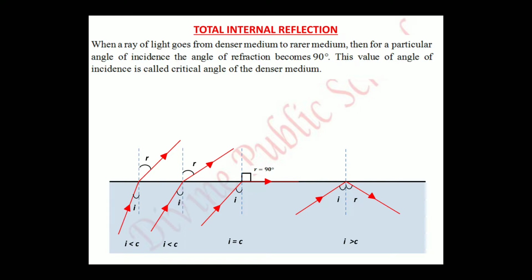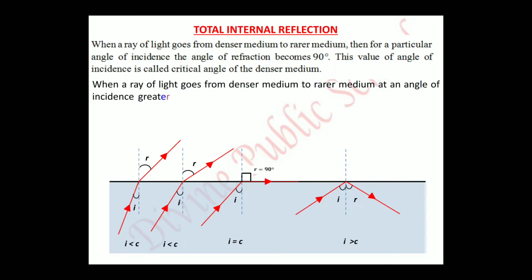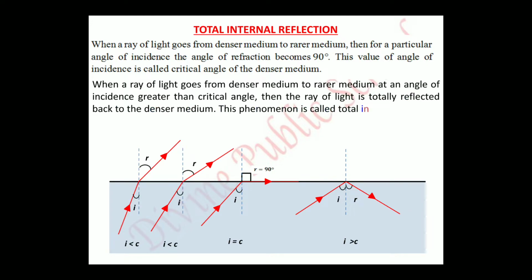So let us define it. We say when a ray of light goes from denser to rarer medium at an angle of incidence greater than the critical angle, then the ray of light is totally reflected back to the denser medium. This phenomenon is called total internal reflection. Sometimes in the board examination, conditions for total internal reflection are asked.